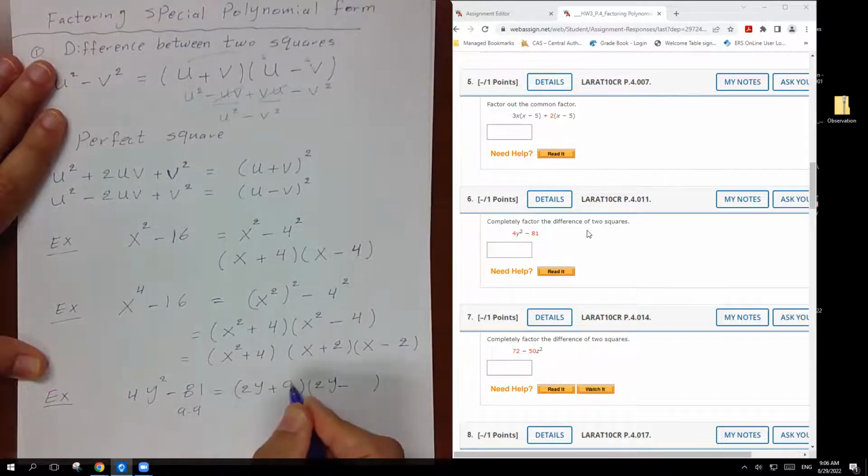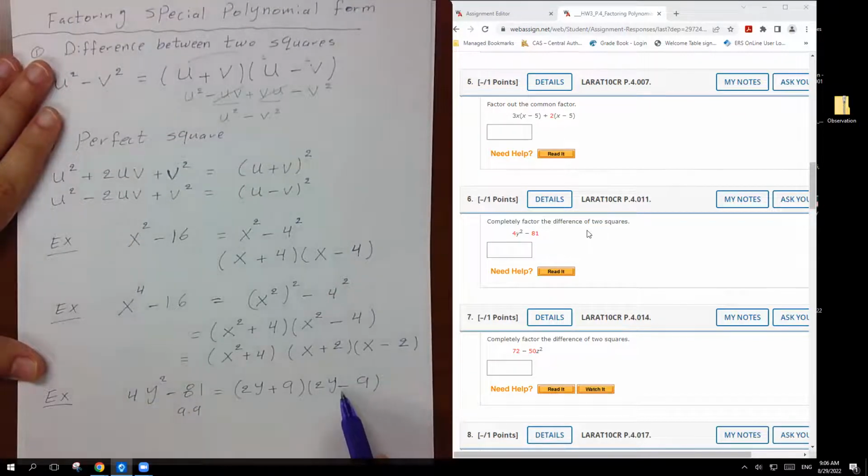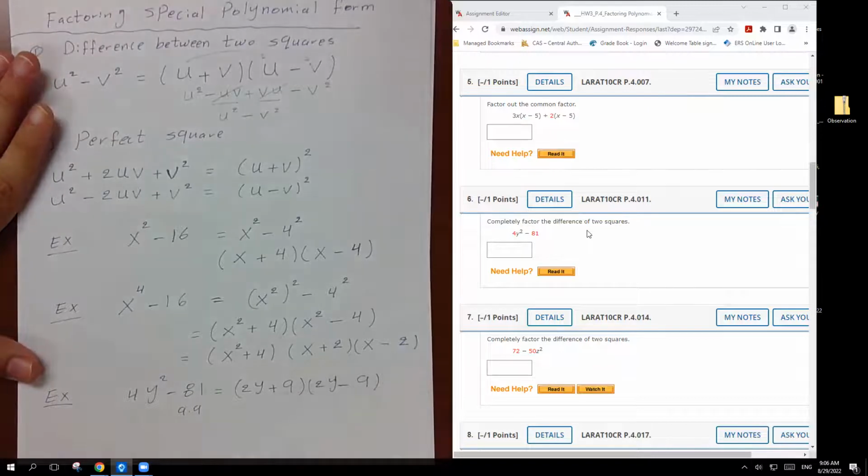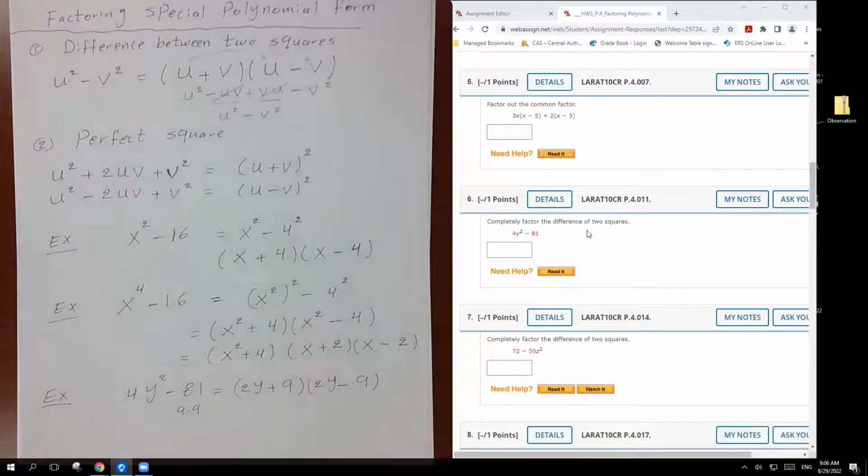So I'm going to put 9 here and 9 here. Always check the parentheses with the negative sign. This is a difference, but this one is not a square. So that's it. This one is going to be my solution. That's it for this example.